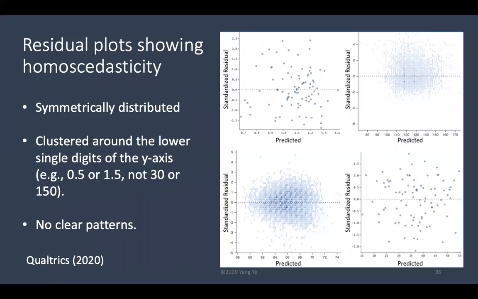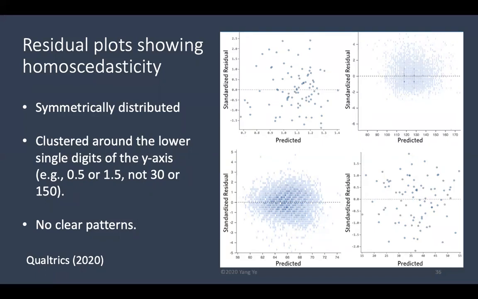As you can see on the graph to the right, that's the same kind of graph: standardized residual versus predicted value. It should be symmetrically distributed from the lower value to the higher value of the predicted variable.